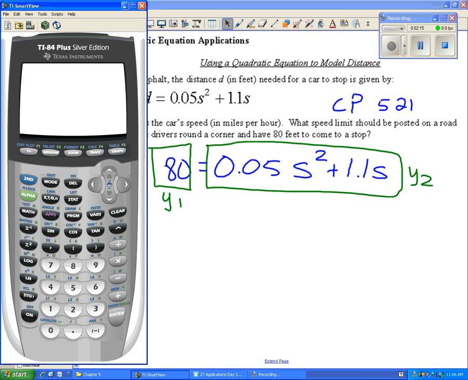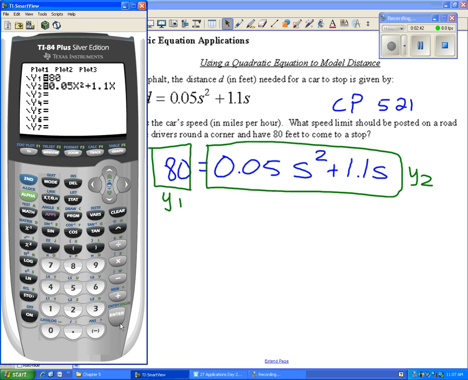Hit y equals, plug in y1 to be 80, plug in y2 to be 0.05. I don't have an s, so I'm going to hit x squared plus 1.1x. I plugged in x for s.